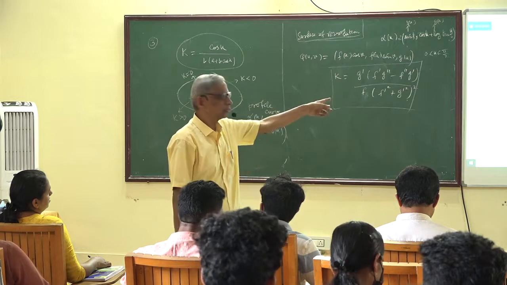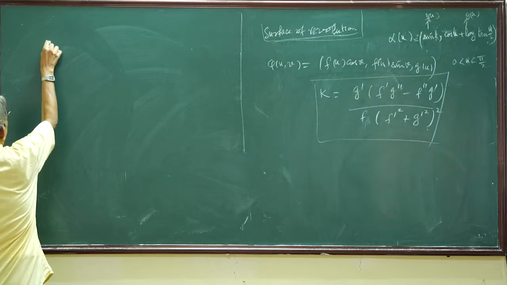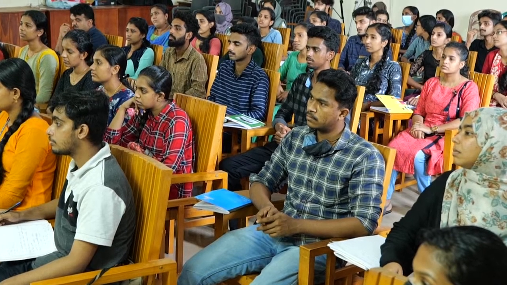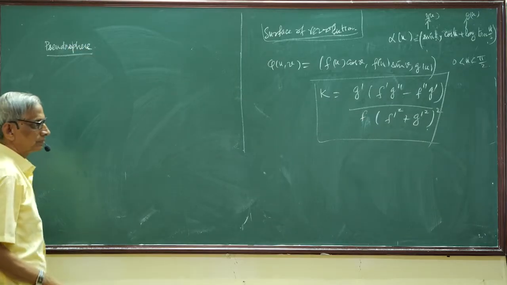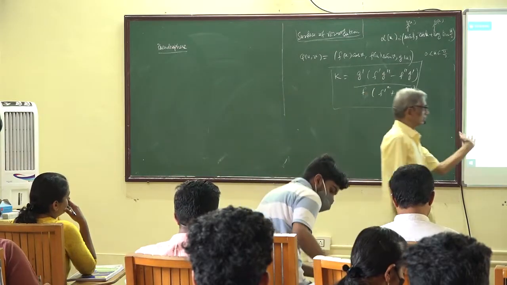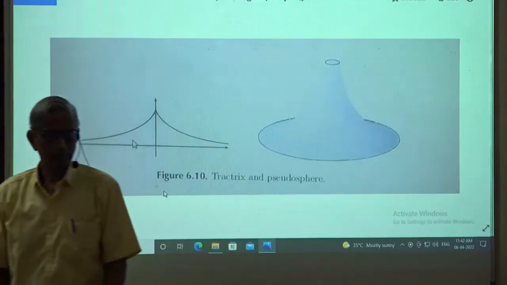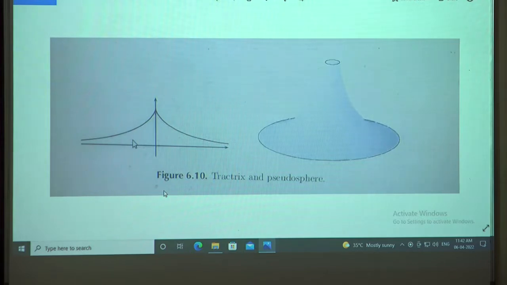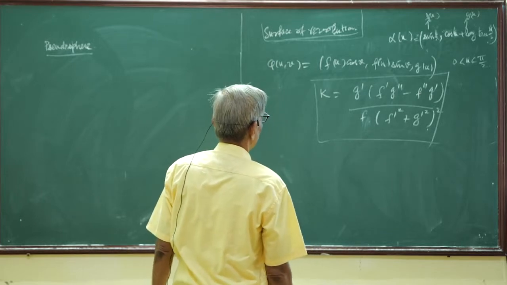So in this case, this is what is called the pseudo-sphere. Think of this lying this way and rotate like that. So you will get this. This tractrix itself can be parameterized in different ways. Of course, any given curve can have different parameterizations. So one parameterization is this, which we will look at.